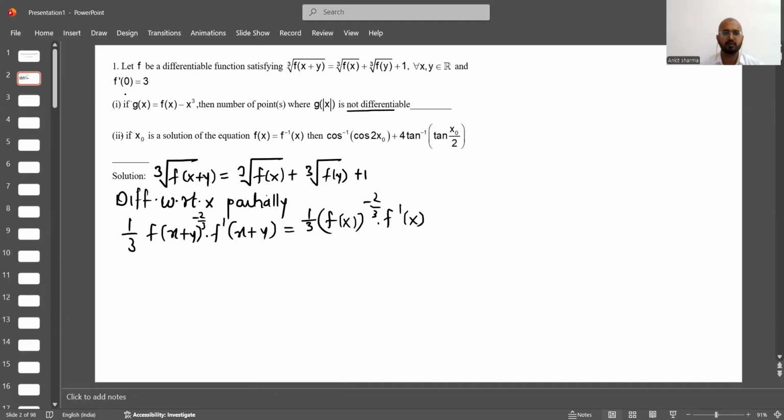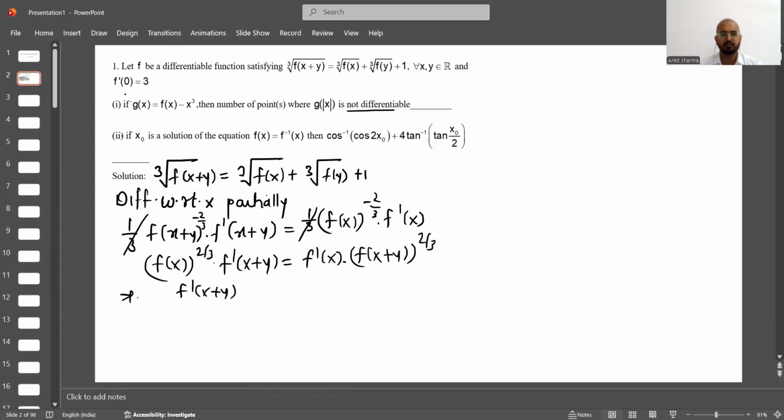Now we can get this 1 over 3 cancelled and transfer this term across. So f of x to the power 2 over 3 into f dash of x plus y is equal to f dash of x into f of x plus y to the power 2 over 3. Transferring, I'll have f dash of x plus y over f dash of x equal to f of x plus y over f of x, whole to the power 2 over 3.